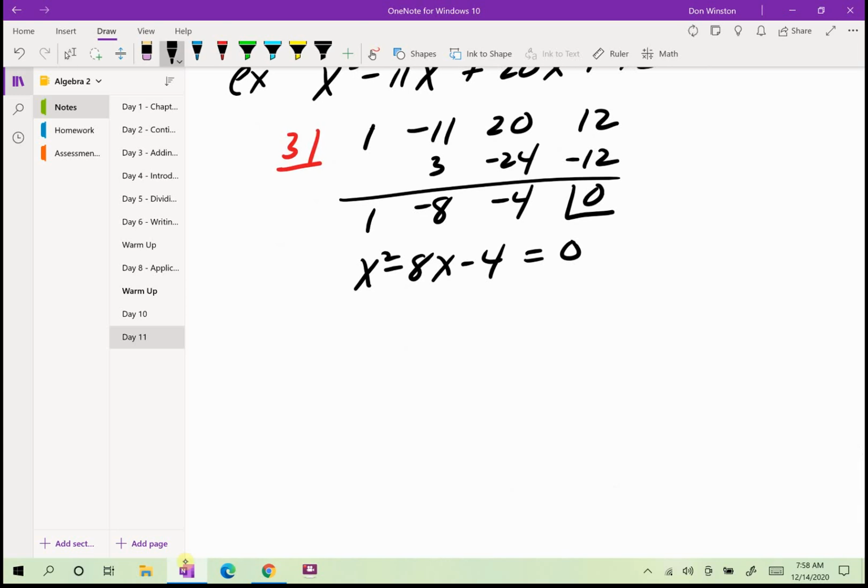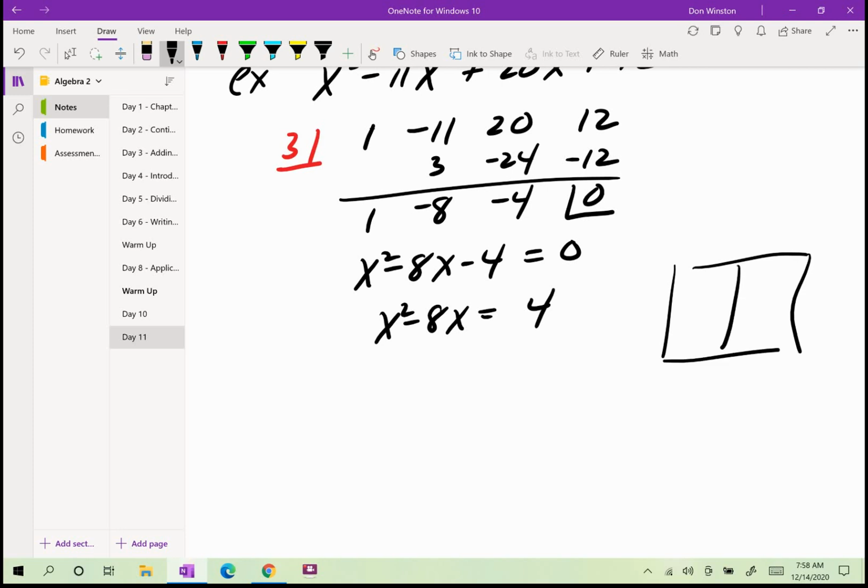And then complete the square. So x squared minus 8x equals 4. Complete the square. Take that negative 8 divided by 2, so this would be x minus 4, x minus 4, so x squared minus 4x minus 4x, and then when I complete the square, I'll add 16.